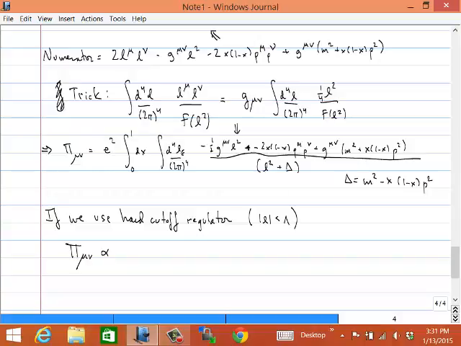So that will be quadratically divergent. And then there'll be various other terms that go like log lambda. And those other terms will involve g mu nu and p mu p nu.